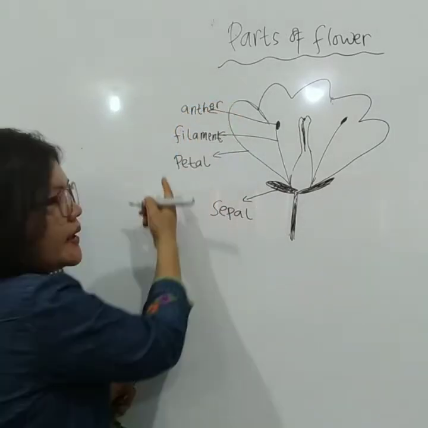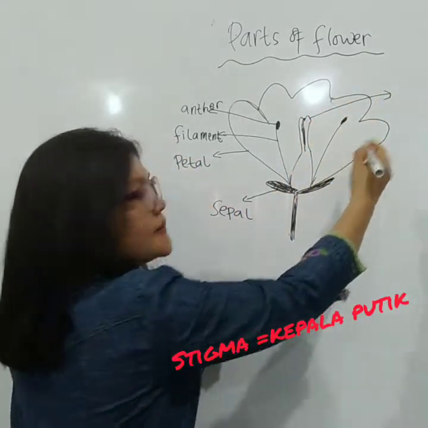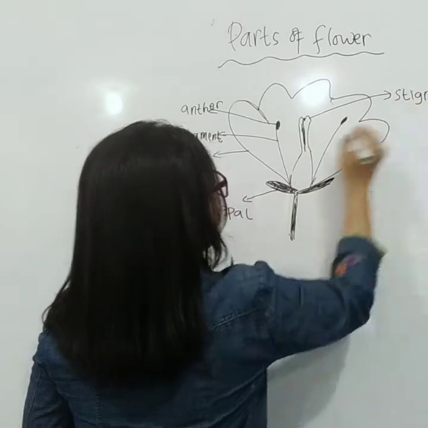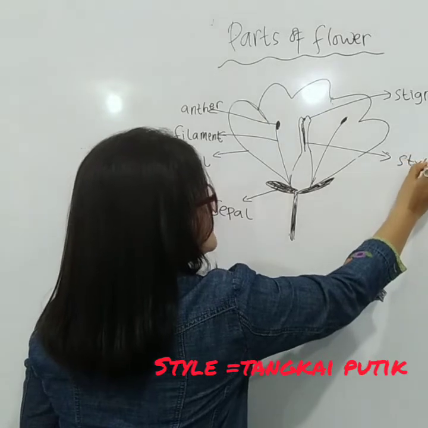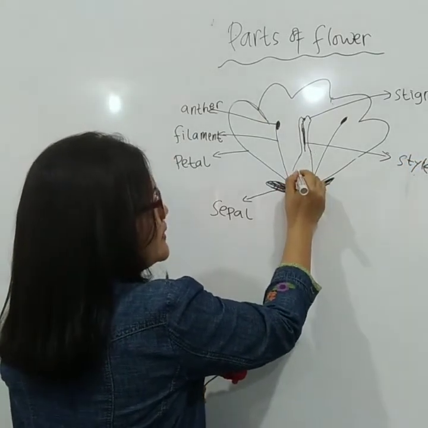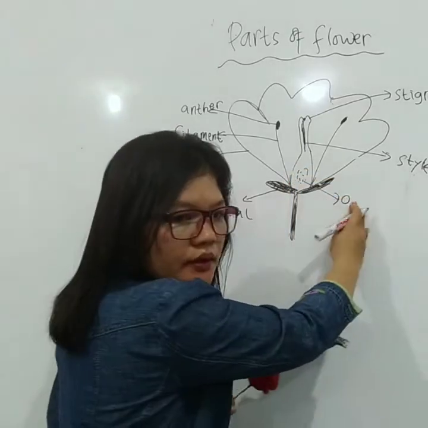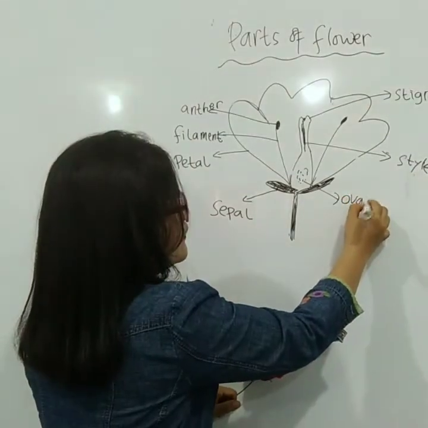Can you see? Okay, anther. This one is the stigma. One is the style, and inside of the stigma there is an ovary. Something like here, ovary.